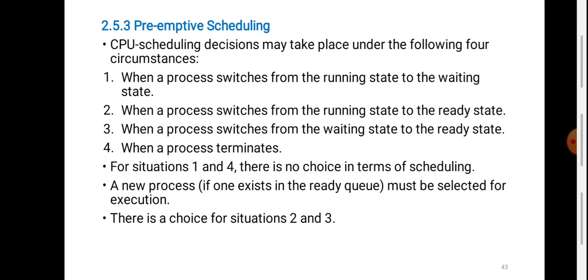When a process switches from executing state to waiting state, we have to take a CPU scheduling decision. Earlier it was executing on the CPU, now it is waiting for input output devices. Now the CPU should not sit idle, so the CPU should be allocated to some other process, and because of that we have to use CPU scheduling.